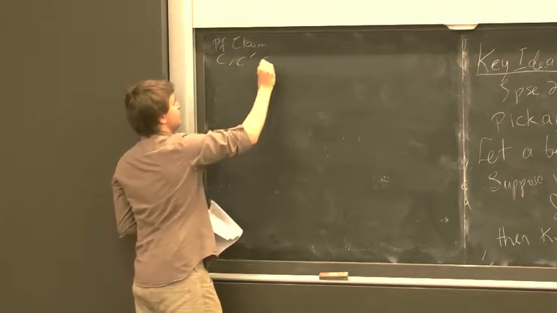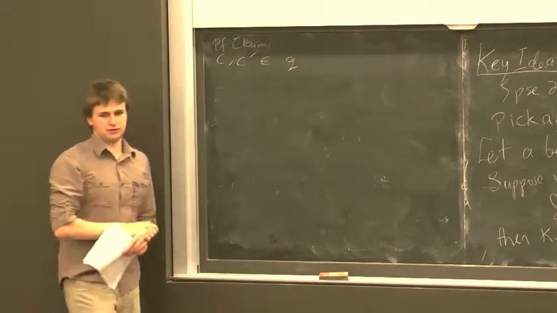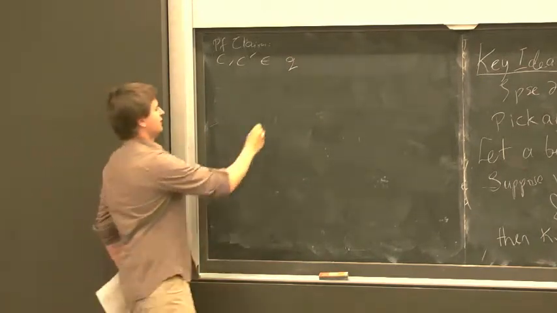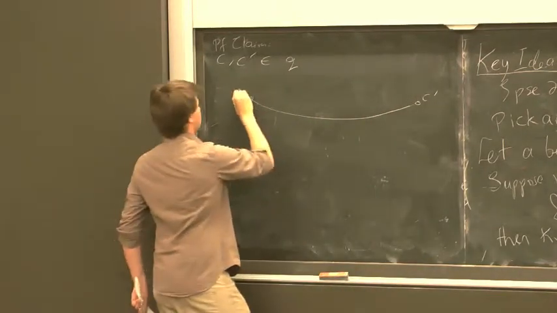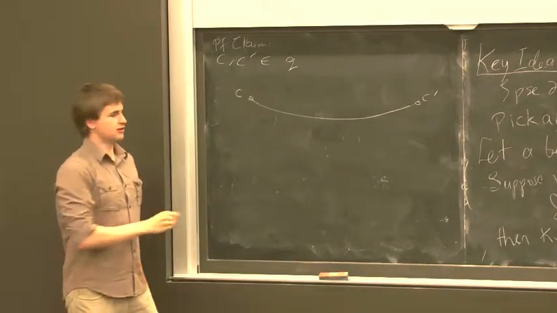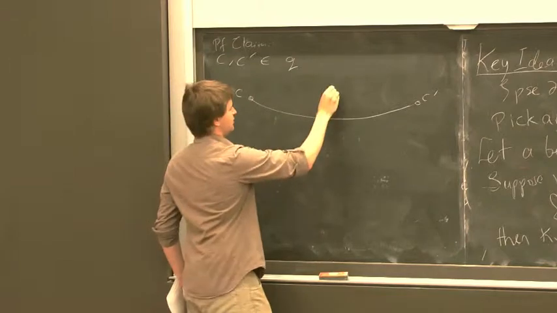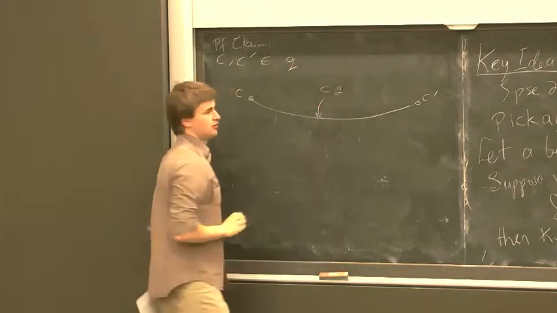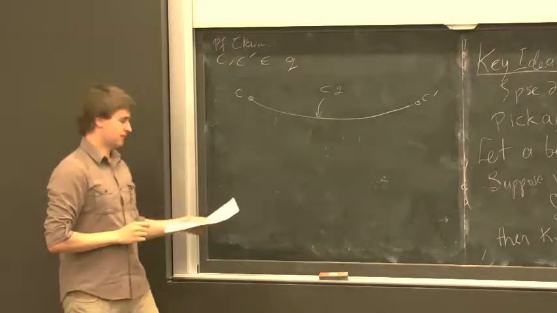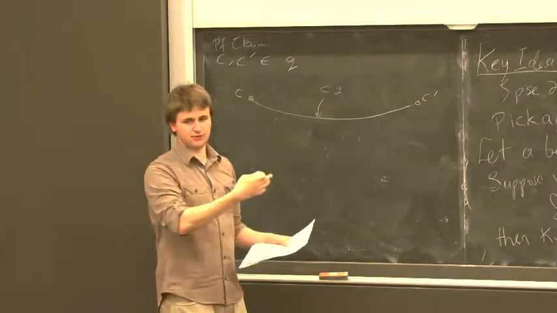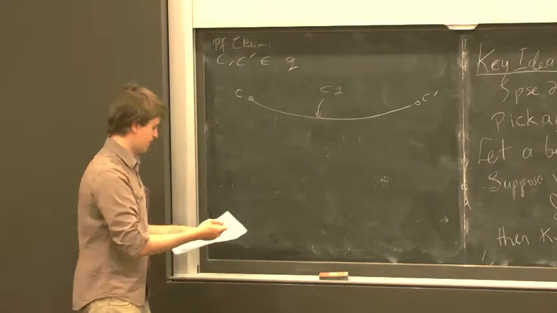Suppose C and C prime are vertices of G, any vertices. Then take the sub-geodesic of G, a subset of G, from C to C prime. That's still at least 12 from the boundary of Y.